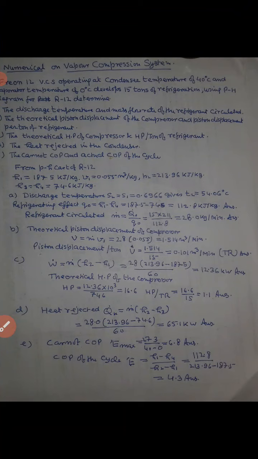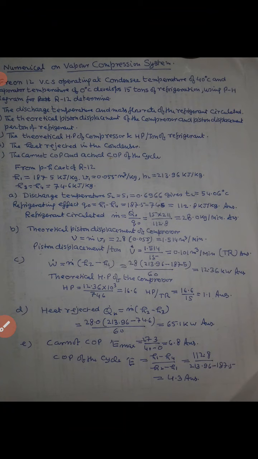Then third one, the theoretical horsepower of the compressor and horsepower per ton of refrigerant. Again, two things are over here: firstly, horsepower of the compressor, and then horsepower per ton of refrigerant.